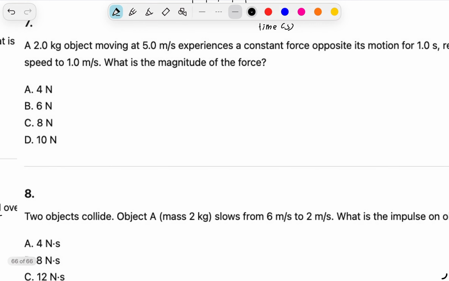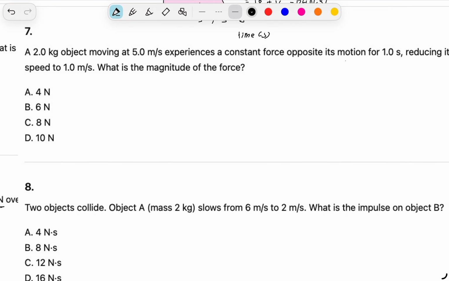A 2 kilogram object moving at 5 meters per second experiences a constant force opposite to its motion for 1 second, reducing its speed to 1 meter per second. What's the magnitude of the force? Then we get our force for a time of 1.0 seconds.